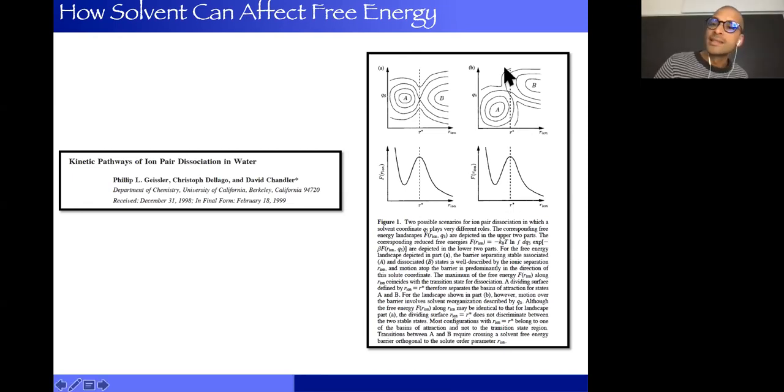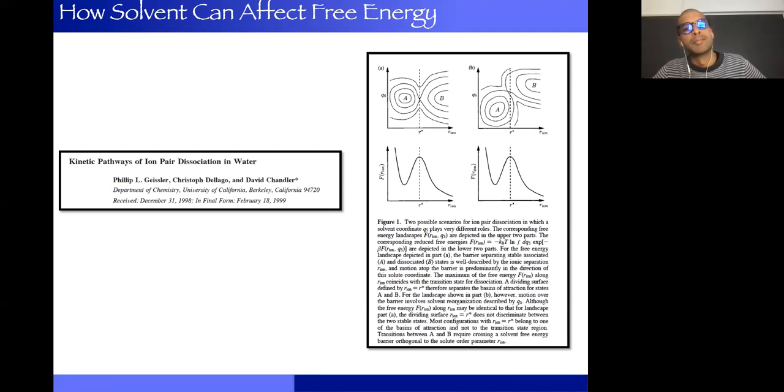But in this case, you see that there are many states that are actually in B, but they're put into A. And there are many states that are in A that are put into B. And so the solvent can couple in really non-trivial ways, especially in chemical reactions.